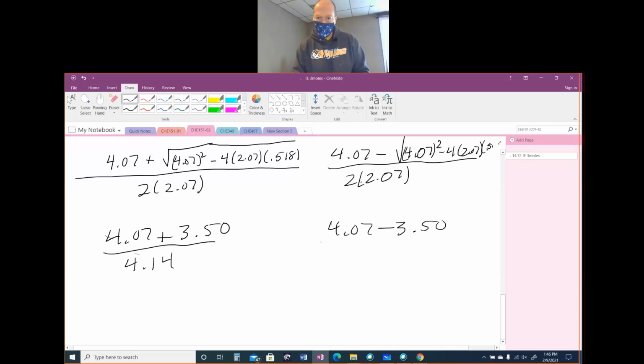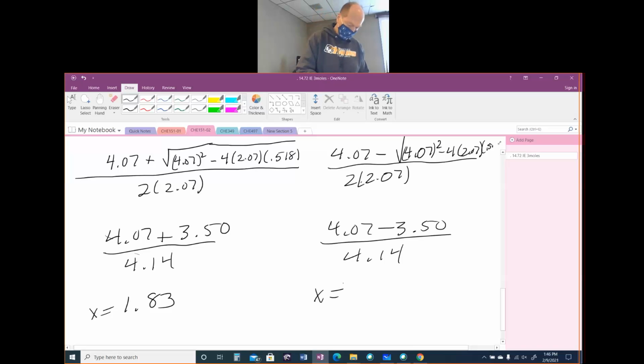All right, so this answer for x is 1.83. And this answer for x is 0.138.